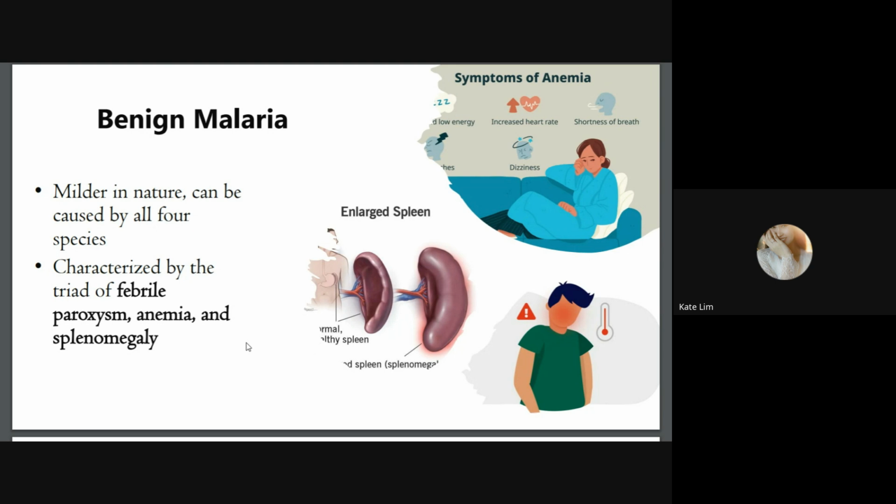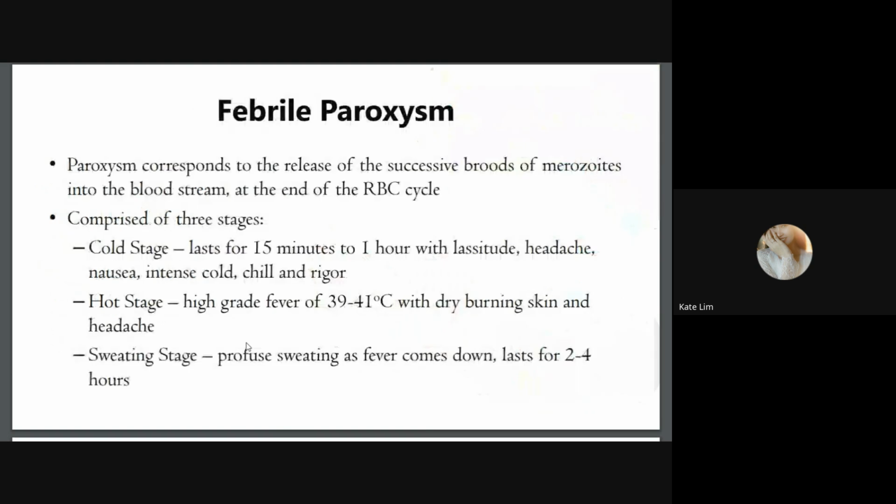Aside from that, we also have febrile paroxysm. This is just an explanation of what we discussed a while ago about paroxysms. Febrile paroxysms are essentially the cyclic fever spikes we mentioned.